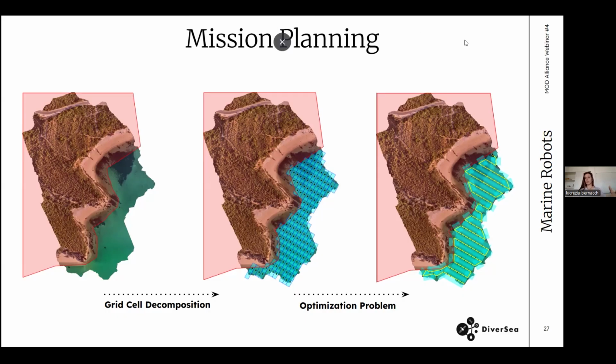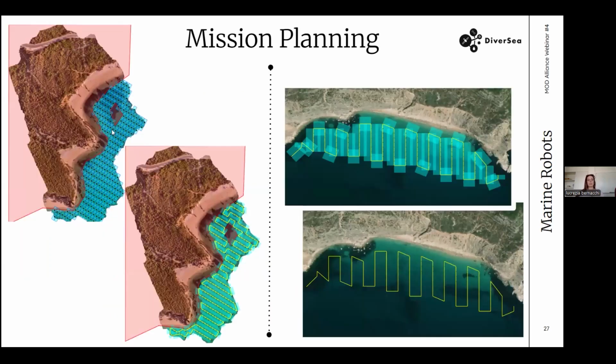So we want to consider different aspects in the grid cell decomposition. Then we solve an optimization problem connecting the centers of this grid in order to obtain the optimal path.